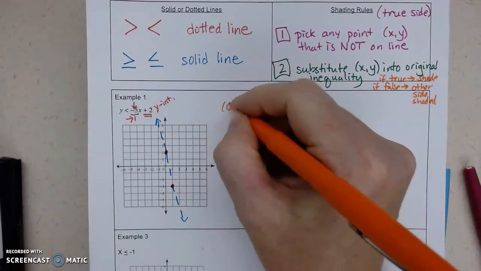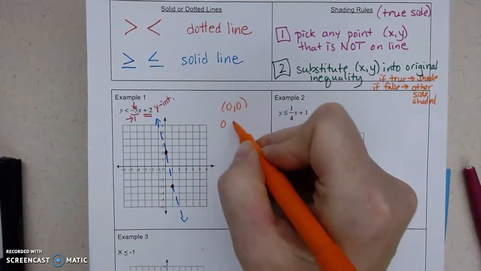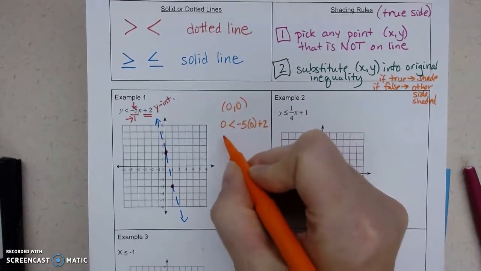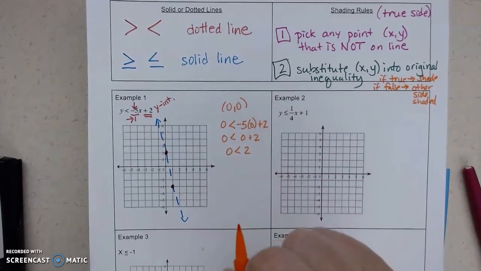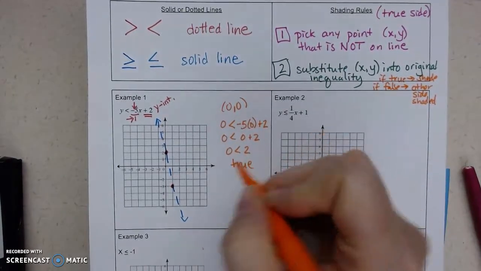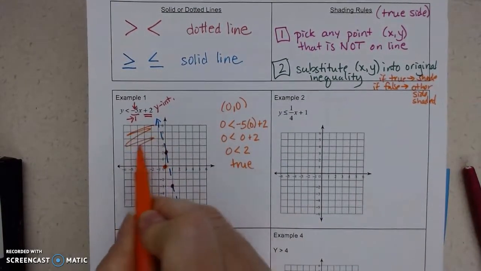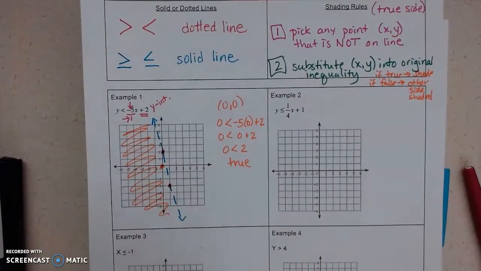So I'm going to pick 0, 0 for my point. So I'm going to plug it in. Is 0 less than -5 times 0 plus 2? So we'll clean this up. Is 0 less than 2? That is true. And 0, 0 is on the left side, so that means I'm going to shade everything to the left. All of those points are solutions.